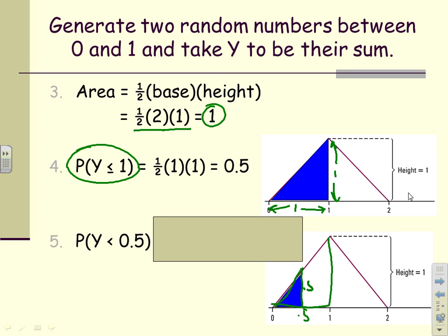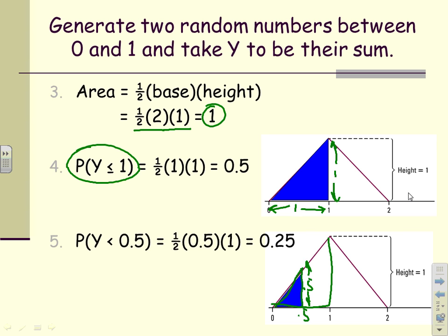So the height of that triangle is also 0.5. So now we have a half times a half times a half, which is 1/8 or 0.125. Sorry about that typo.